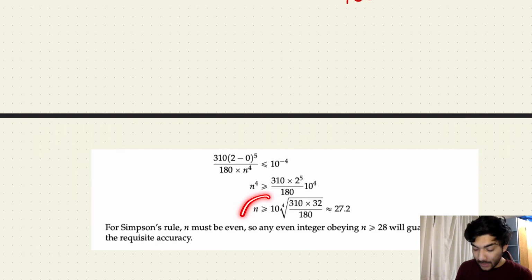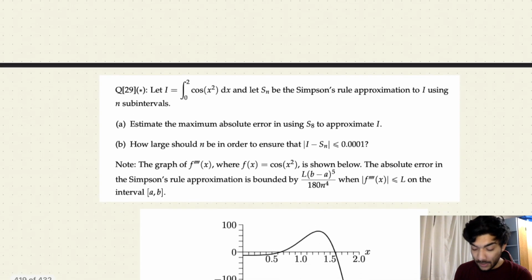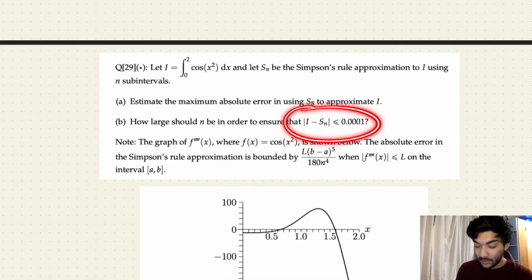So since in this case we want our n to be a whole number which is even and also greater than 27.2, the number which satisfies both of these properties would be n greater than or equal to 28, right? So any even integer which is greater than or equal to 28 in this case would guarantee our absolute error to be less than or equal to 10 to the power negative 4.